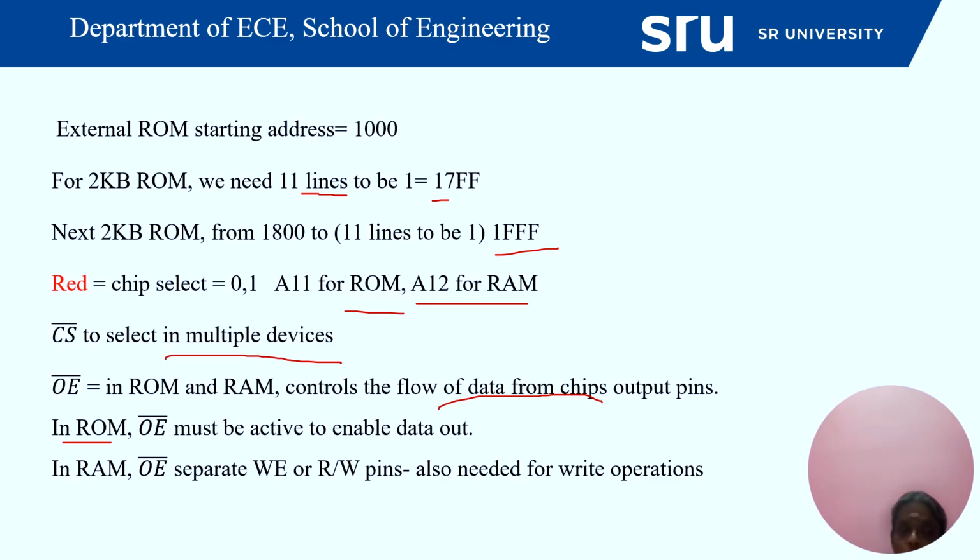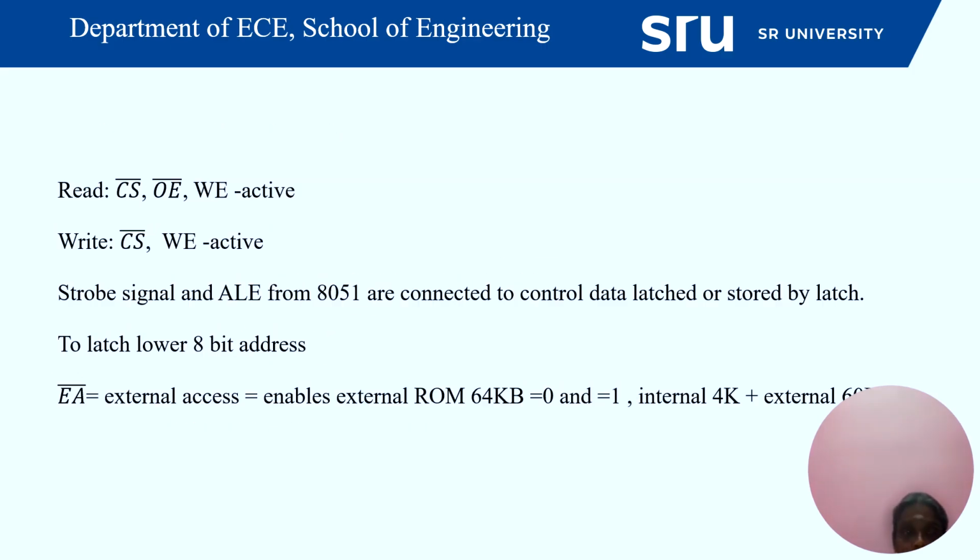In ROM, OE bar must be active to enable data out, and in RAM, there is a separate WE, write enable. Read and write pins are also needed for write operation, because in RAM both read and write operations should be performed.